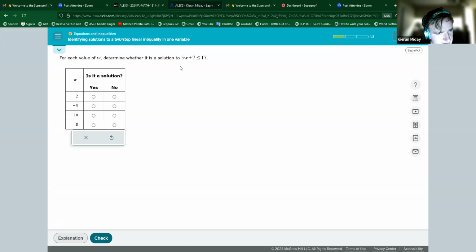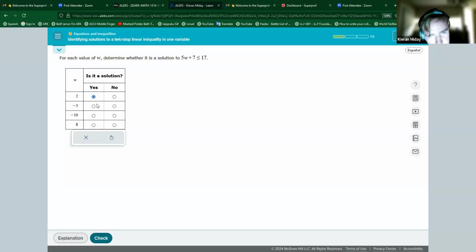Okay, let's see. So 5W plus 7 less than or equal to 17. This is a yes. Yes, because of the equal to, right? Actually, wait.